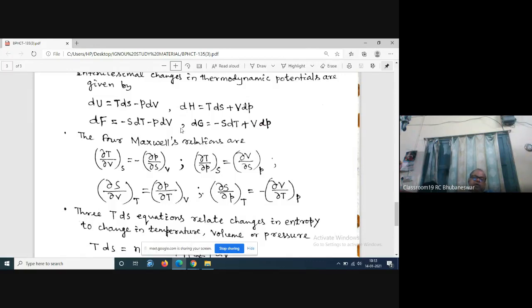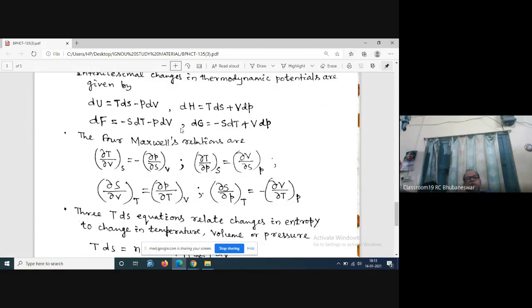Now see about the four Maxwell relations. Maxwell established from the exact differential equations the differential form of relations among pressure, volume, temperature and entropy.